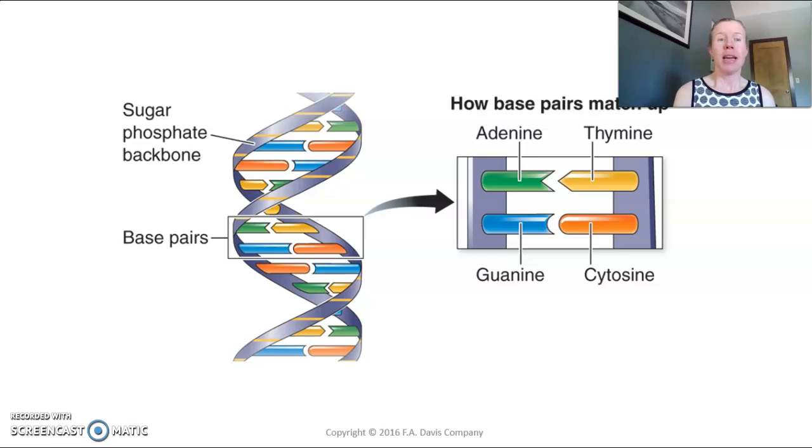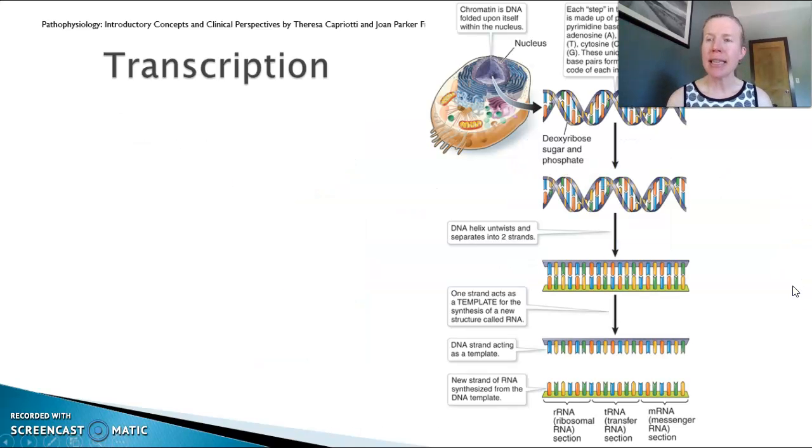Now, what's really important to recall here is that the DNA, in order to turn that information into a protein, goes through 2 processes. So here we see transcription, where the DNA housed in the nucleus. Remember, this is like a library book on reserve. It's got really important information and you can't take it out of the library. So we're going to make a copy of it.